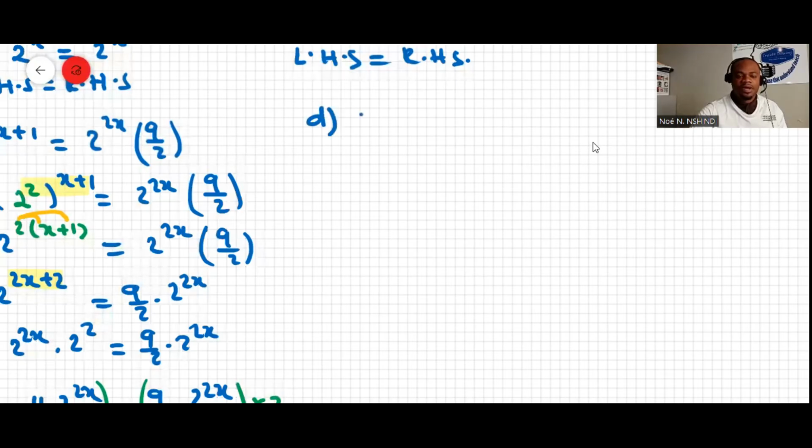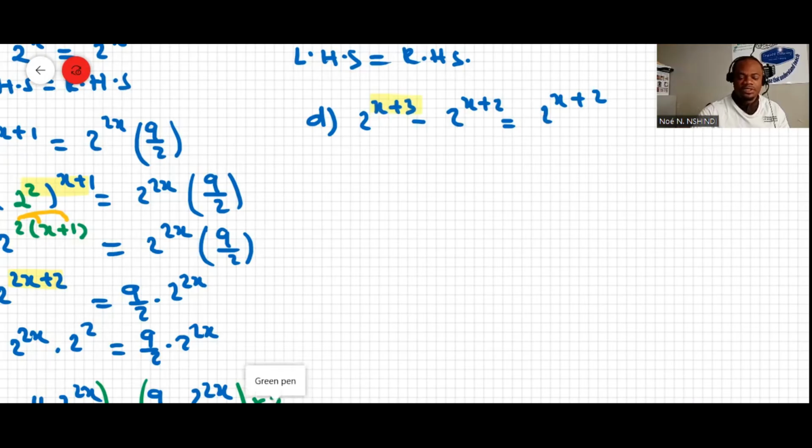D is given by 2 to the x plus 3 minus 2 to the x plus 2 equal to 2 to the x plus 2. Over here, we can do as we did previously, or we can do something different. You see, over here the exponent is x plus 3, right?